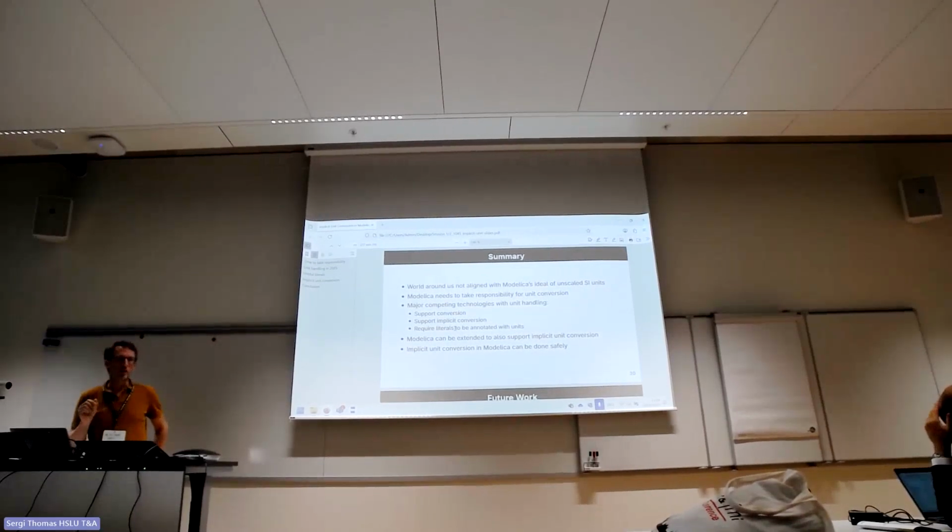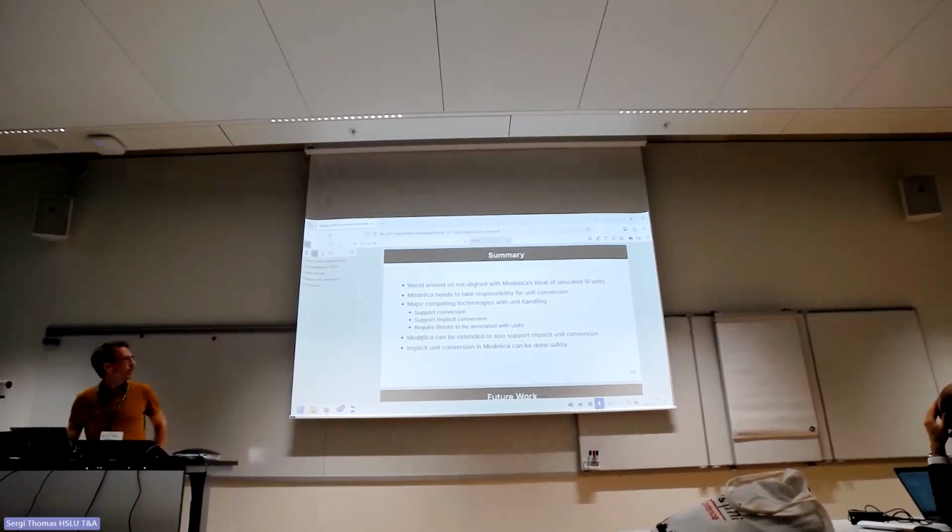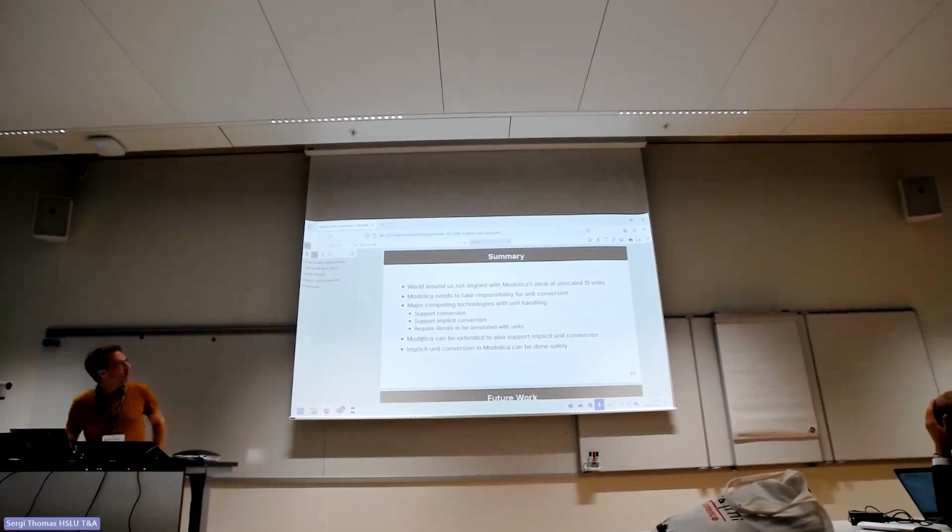Never do they take a unit from context like Modelica does. We have shown that Modelica can be extended to also support implicit unit conversion, and we have shown how we can check that this is done safely so that we can reject invalid implicit unit conversion when this would be harmful.